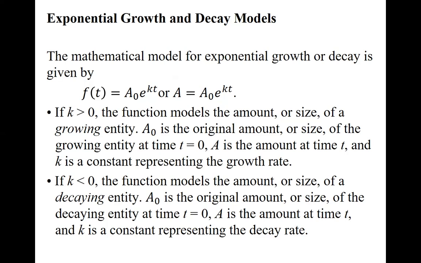If k is greater than 0, the function models the amount or size of a growing entity. A sub 0 is the original amount or size of the growing entity at time equals 0, also known as the initial amount.